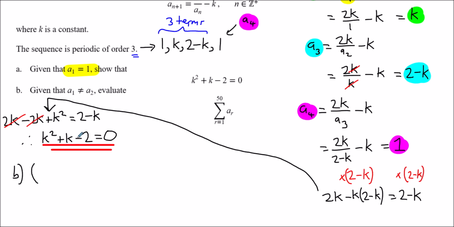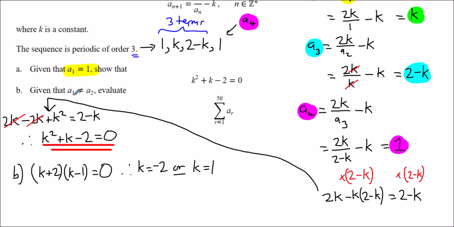Two numbers that multiply to minus 2 and add up to positive 1 are positive 2 and negative 1. So therefore, we can say that either k is minus 2 or k equals 1.